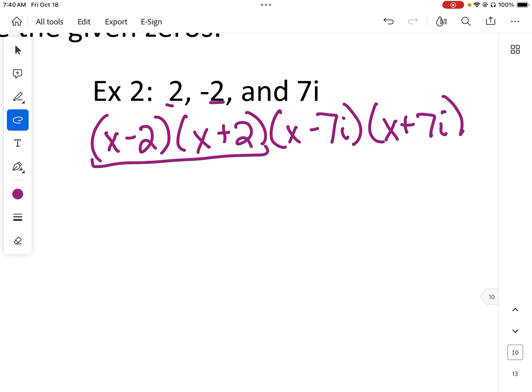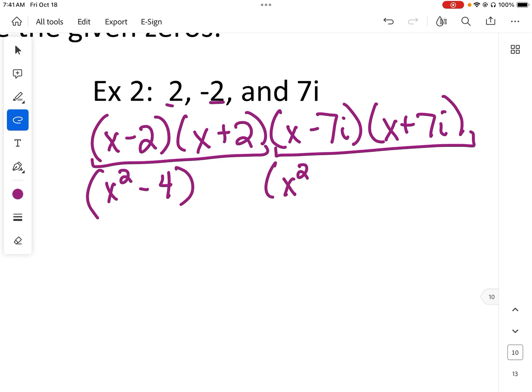So we'll do binomial times binomial, so x squared minus 2x plus 2x is going to cancel out, and we just have negative 2 times positive 2, which is minus 4. And then this. So remember how our middle terms canceled? So we're going to have x squared, and then 49i squared. i squared is negative 1, so it's going to be plus 49.